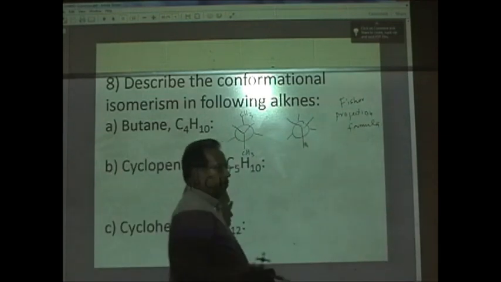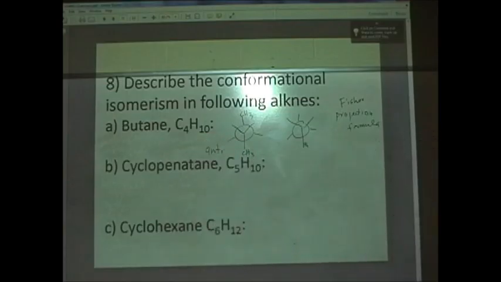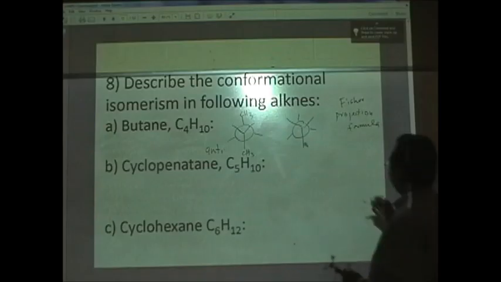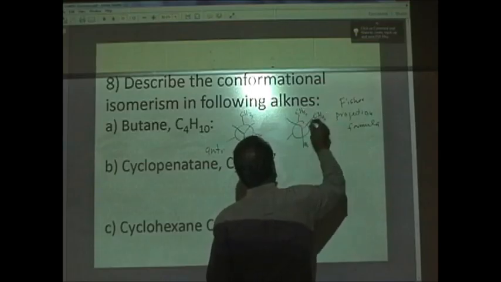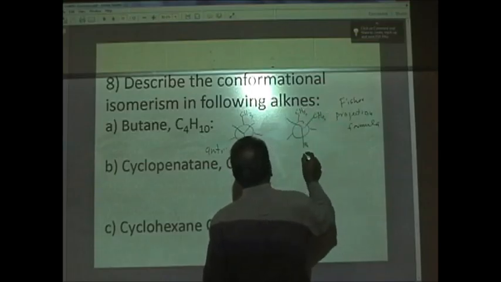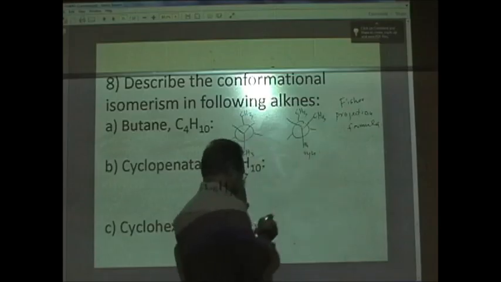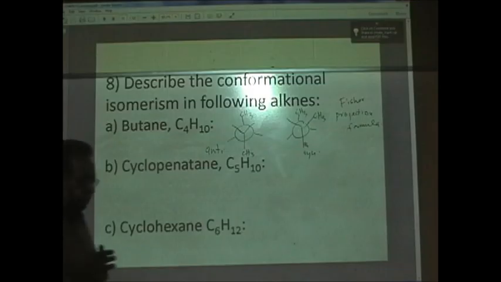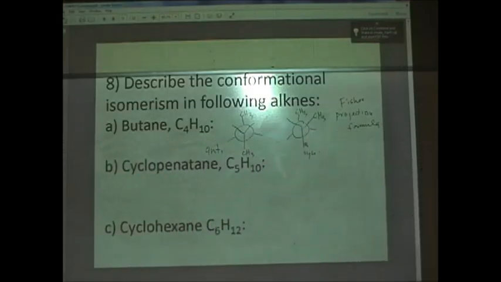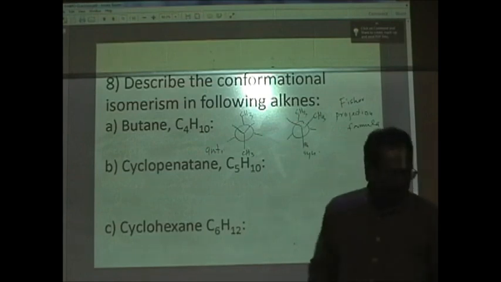Anti-staggered conformation. We don't talk about eclipse. Why don't we talk about eclipse? Eclipse is high energy, right? So when the CH3 group is here, then we call it syn. This is just to get you to understand their conformations, right? That's the most important thing, because sometimes we talk about conformations and you need to know that.